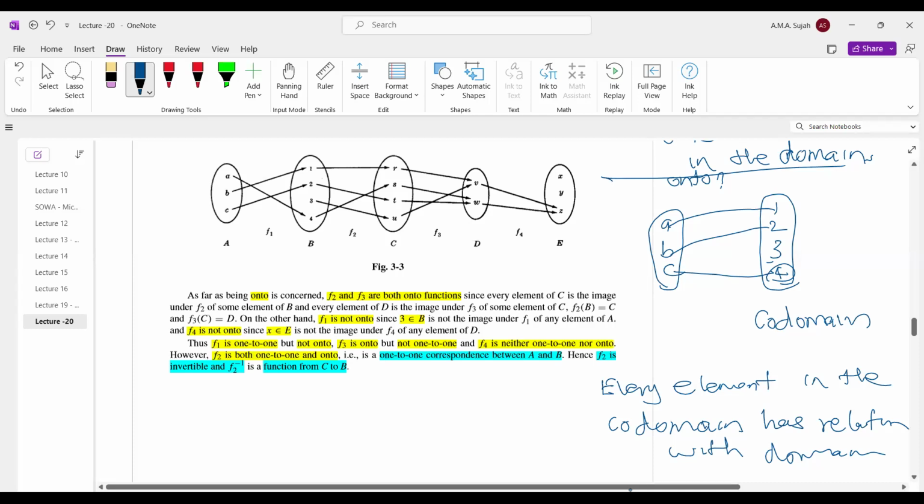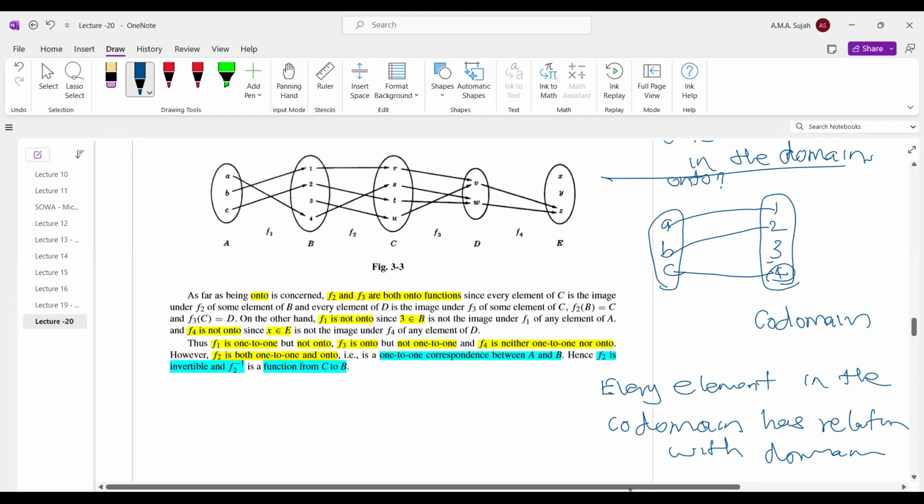So here, if it is an onto function, all the elements in the codomain must have a pre-image in the domain. But here, 3 is an element in the codomain and there is no relation, so we can say this is not an onto function. To become an onto function, what will happen here?